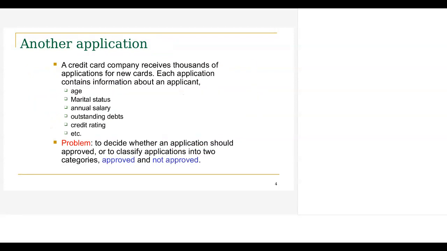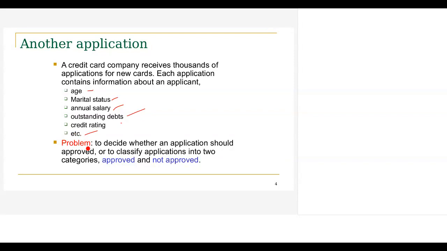Another example: a credit card company receives thousands of applications for new cards. Each application contains information about an applicant: age, status, annual salary, outstanding debts if any, credit rating, and so on.